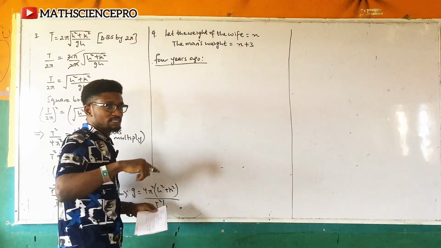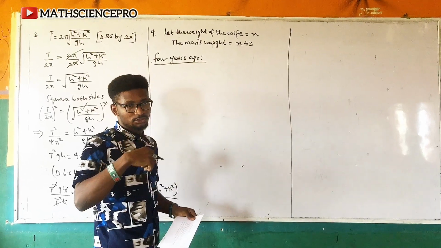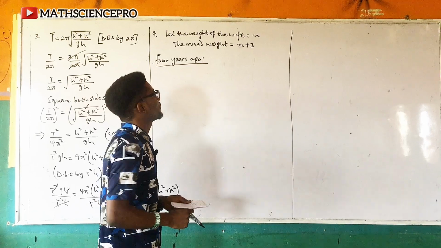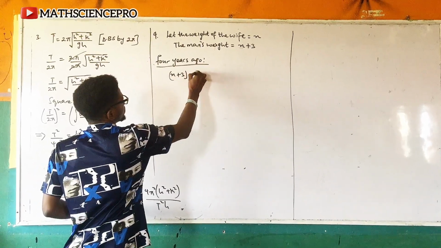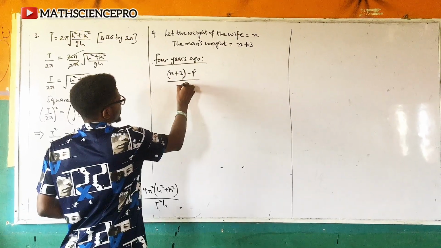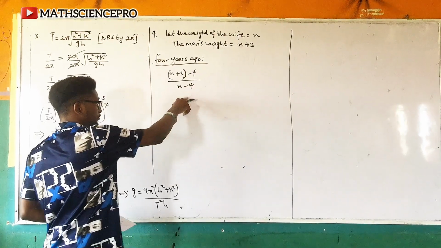Like I said, if you're presently 16 years, 4 years ago you're going to be 16 minus 4. 4 is going to be subtracted. So 4 years ago is going to be x plus 3 minus 4. 4 years ago for the wife is going to be x minus 4. So this is going to be the man 4 years ago. This is going to be the wife 4 years ago.